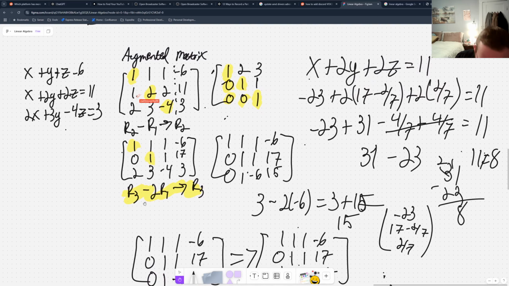So 1 minus 1 is 0. 2 minus 1 is 1. 2 minus 1 is 1. And 11 minus negative 6 is 17. That looks right.